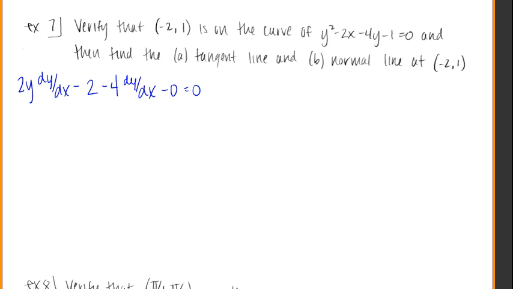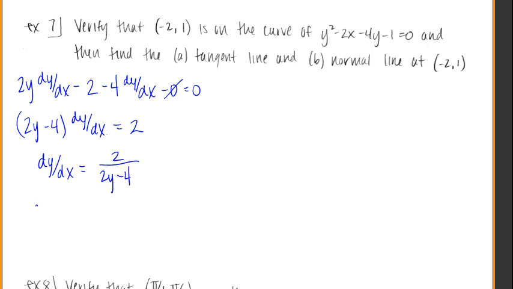Obviously that last term has no part to it. If I look at 2y minus 4, and then factor off the dy/dx and move the 2 over, we can finish this up in just one more step. And reducing, making our lives a little easier, 1 over y minus 2 is specifically the equation we're going to use to find the derivative.